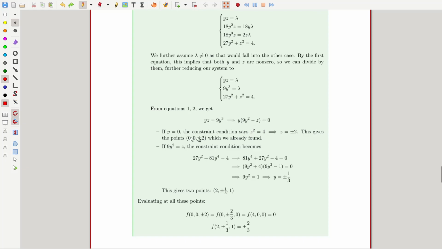So if y is equal to 0, what does that say? Lambda is equal to 0, but it also says that z squared is equal to 4. Okay, that's the important part. Z squared is therefore equal to 4. Therefore, z is equal to plus or minus 2. And that gives us these points, which are, unfortunately, points that we already found.